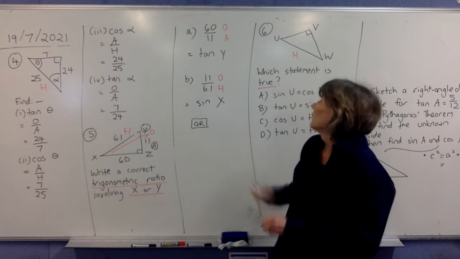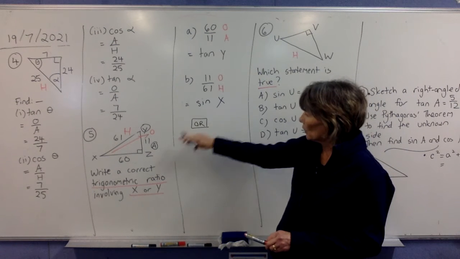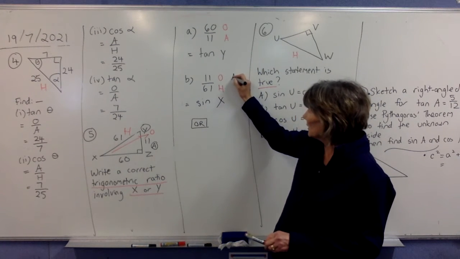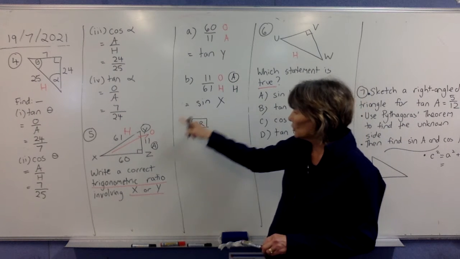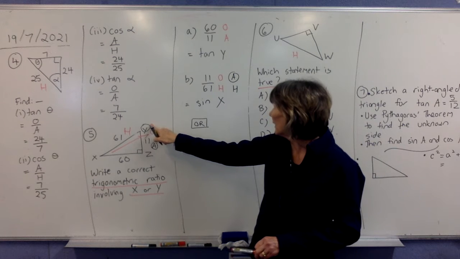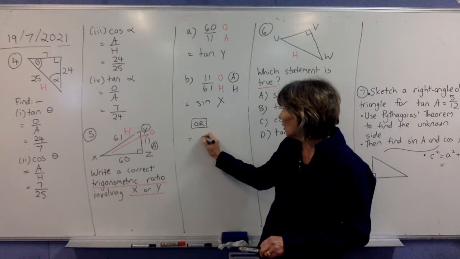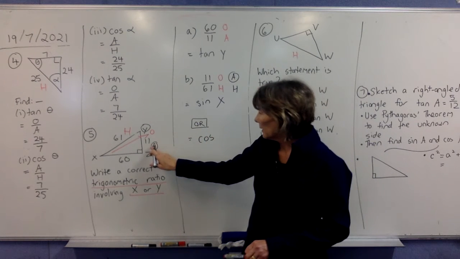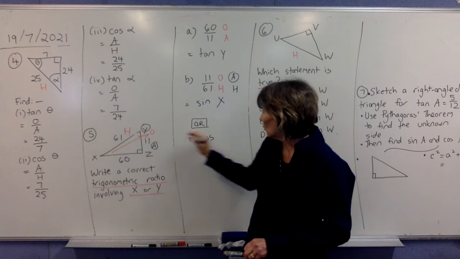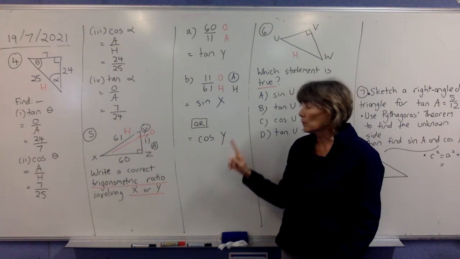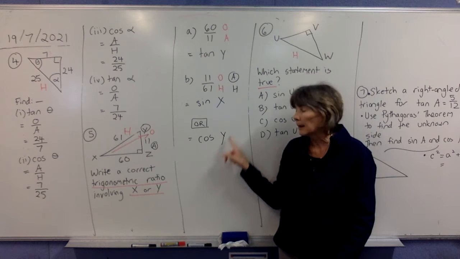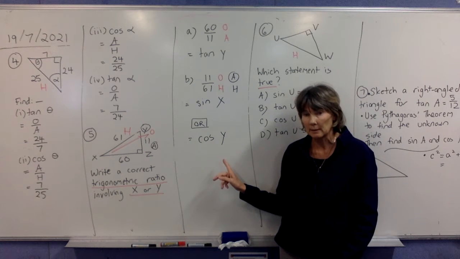Or, if we look at that 11 on the top as being adjacent over hypotenuse, it's adjacent to angle y. So A over H would be cos, and it's adjacent to angle y this time. So it could be sine x, or it could be cos y, and they're both correct answers.